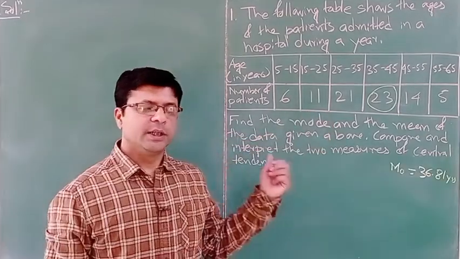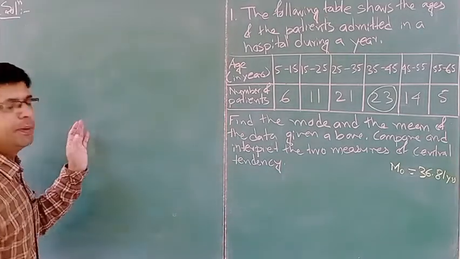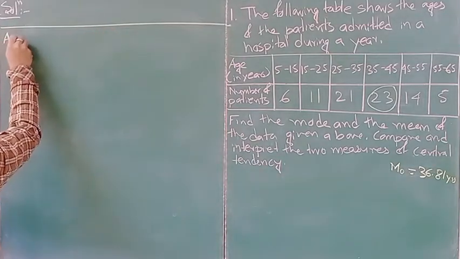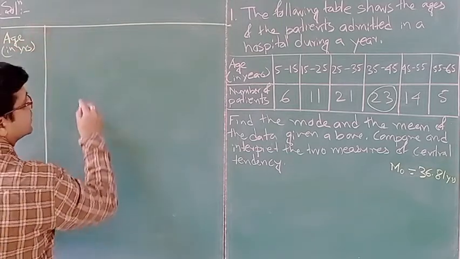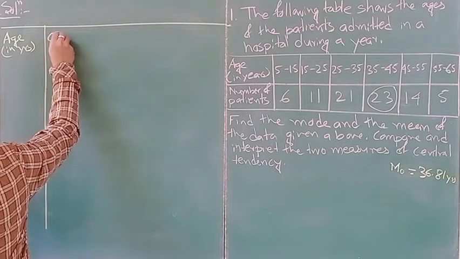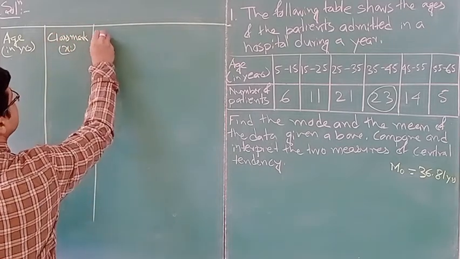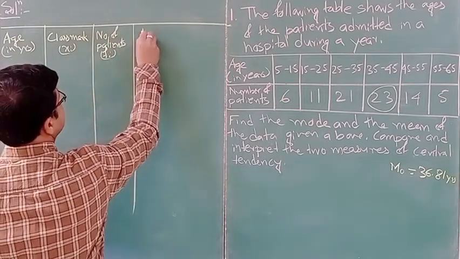Now dear students, the second part is to find the mean. Let us do the mean by the assumed mean method. So prepare the table. At first the age in years, then always we write the class mark here, then frequency, that is the number of patients. Then let us write di. What is di?